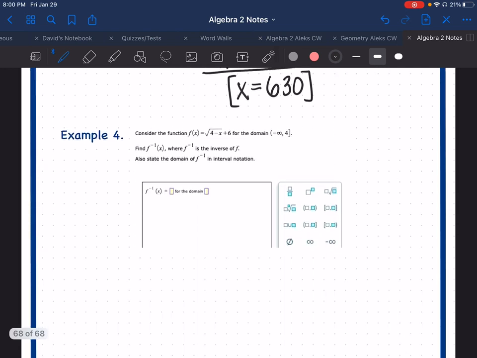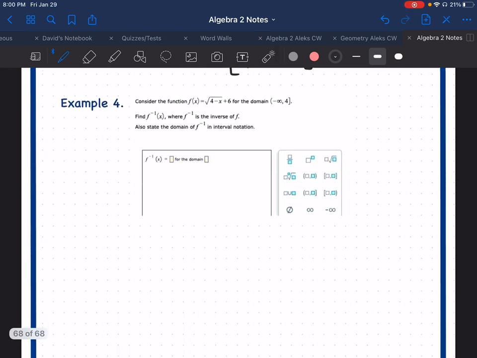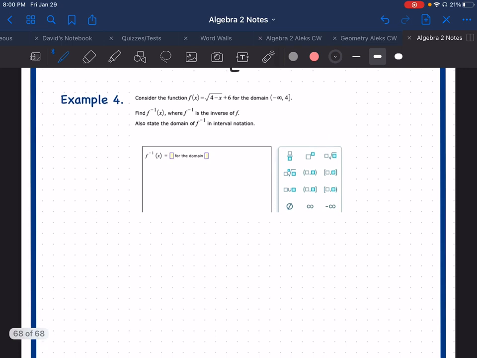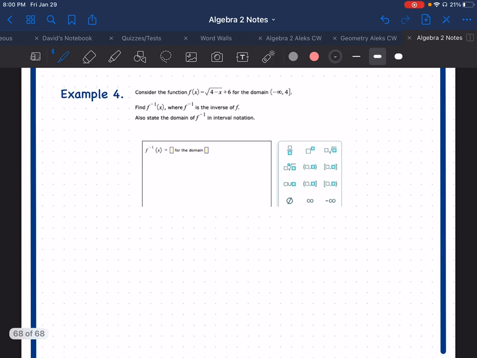But what I did want to show you is this last example, and you are going to have this question on your Alex assignment. This is the one where we're going to find the inverse. So we're going to consider this function, and what Alex is going to give you is a square root function. And they're going to limit the domain.